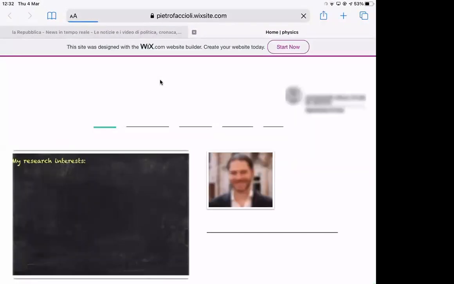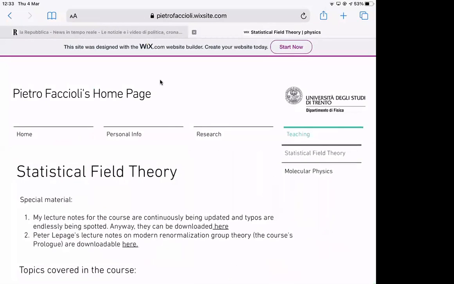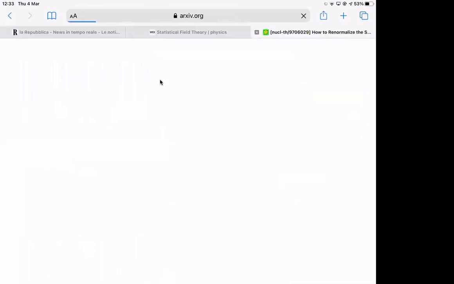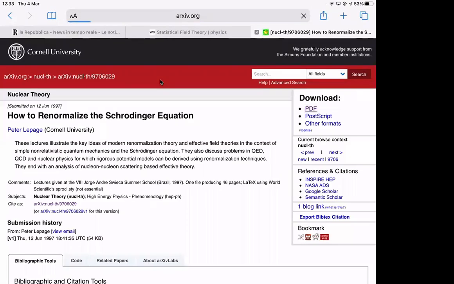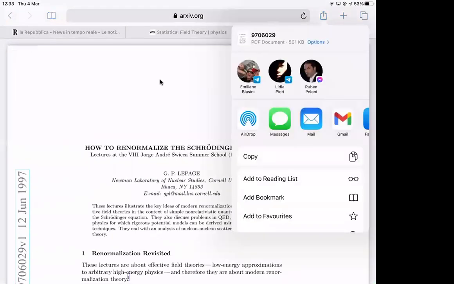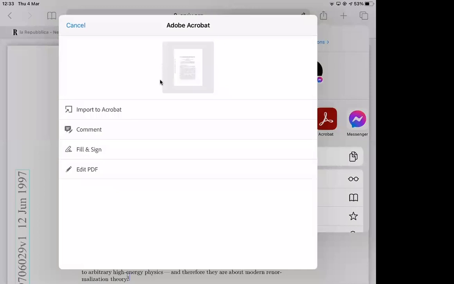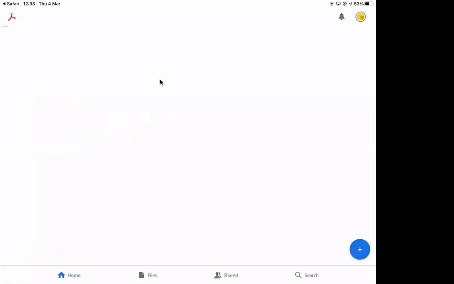Rather than me drawing them, let me show you how they look. And I should probably save them into Acrobat so I don't have to do this all the time. Good.